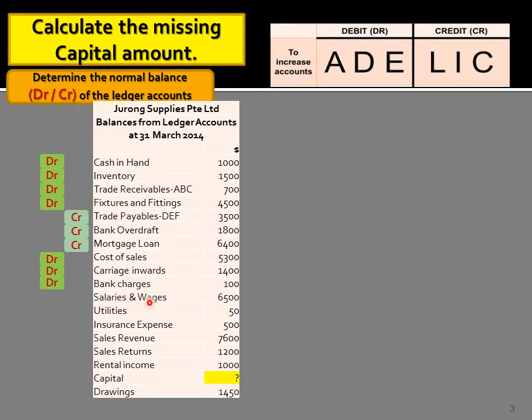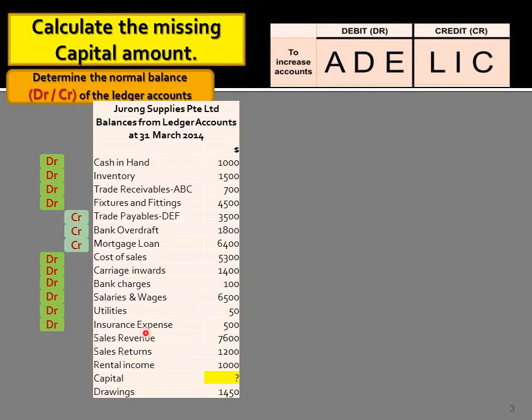Salaries and wages are also expense, therefore debit balance. Utilities is also an expense, debit balance. Insurance expense, as mentioned, is an expense here, therefore debit balance.